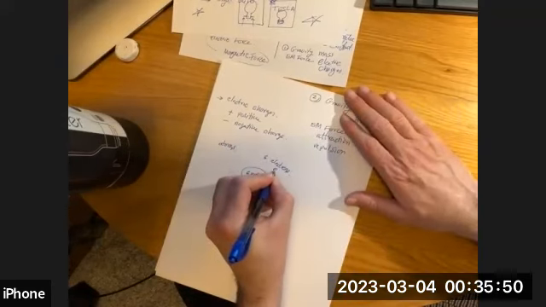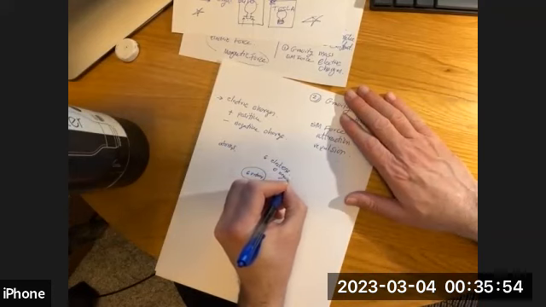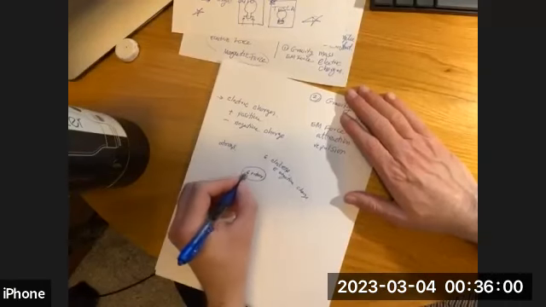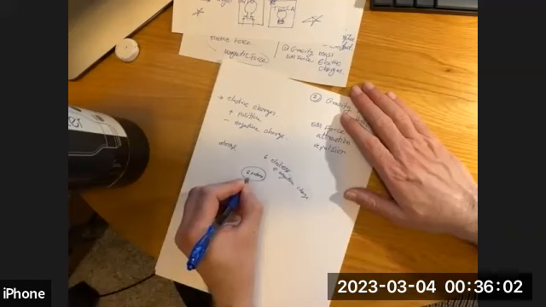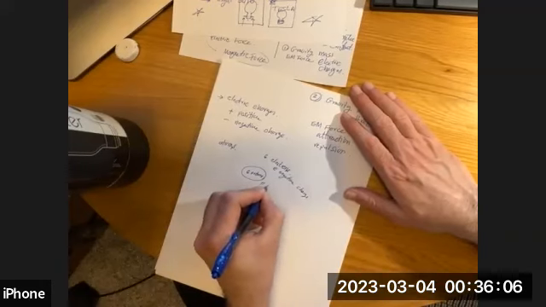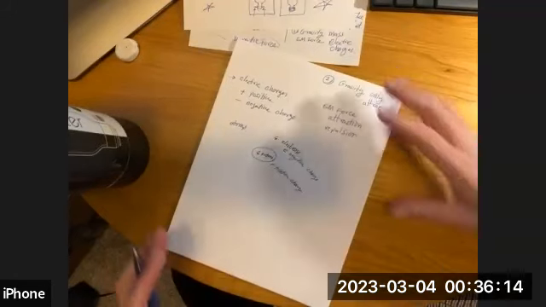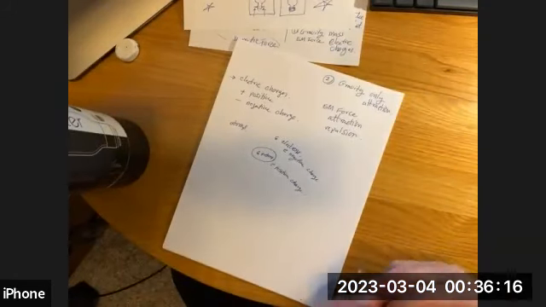So each electron has a negative charge. And the proton, on the other hand, has a positive charge. So if we look into the classical picture of the carbon atom.